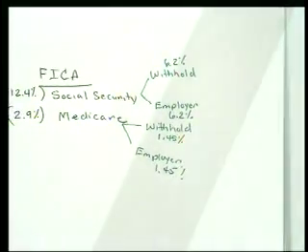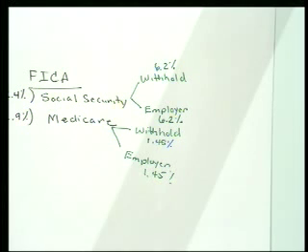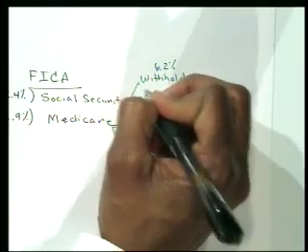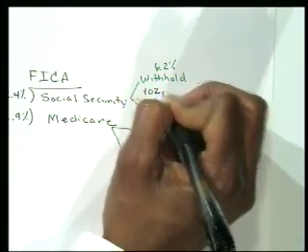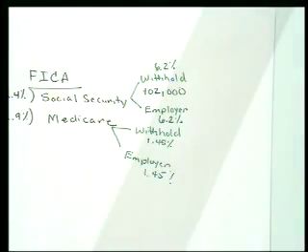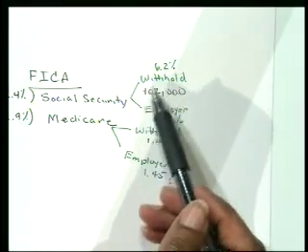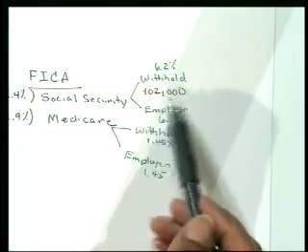Now, the other thing is that for 2008, Social Security does max out. Social Security maxes out on $102,000. So if you make $115,000, you're only going to be subject to Social Security on $102,000.